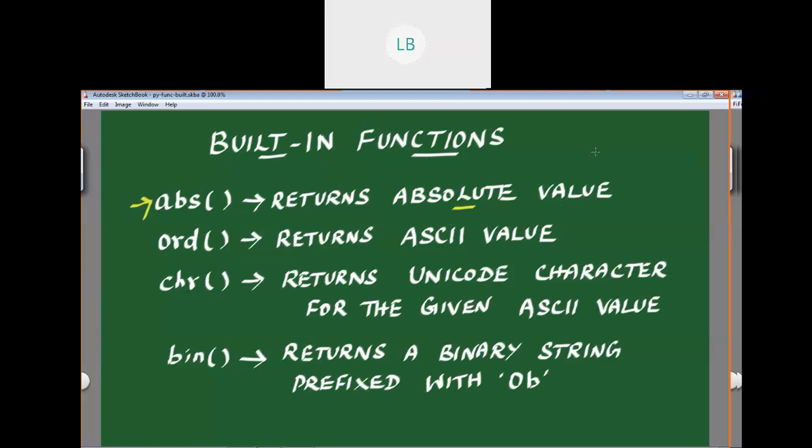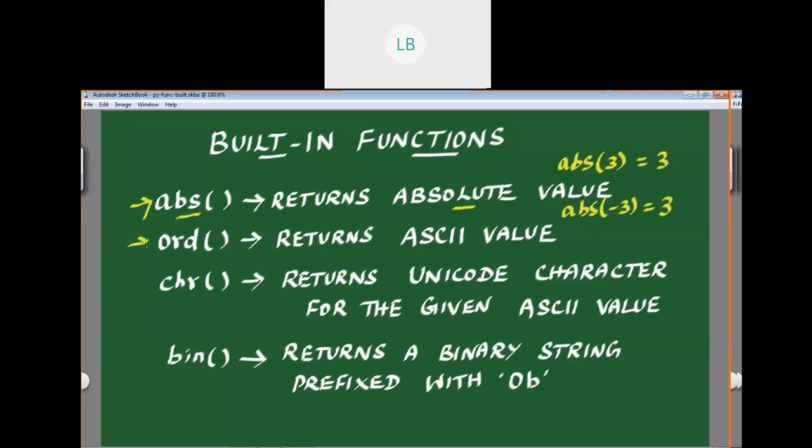For example, we have absolute of 3, it is 3. Absolute of minus 3, it is also 3. So this function takes the value and returns the absolute value.